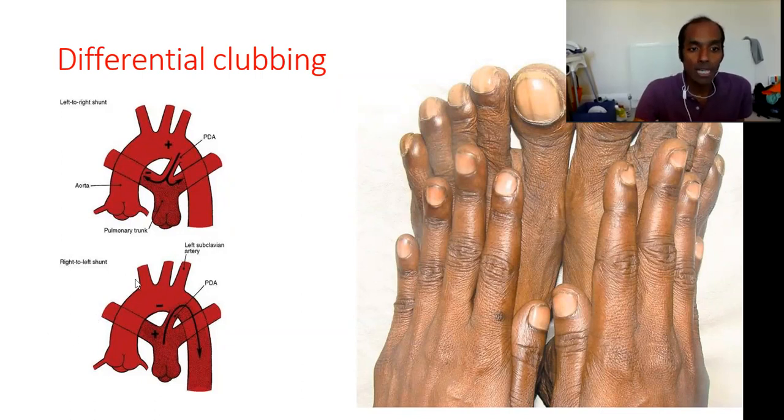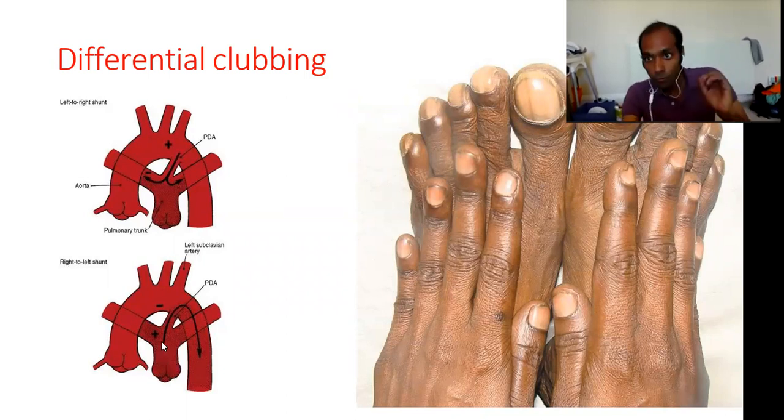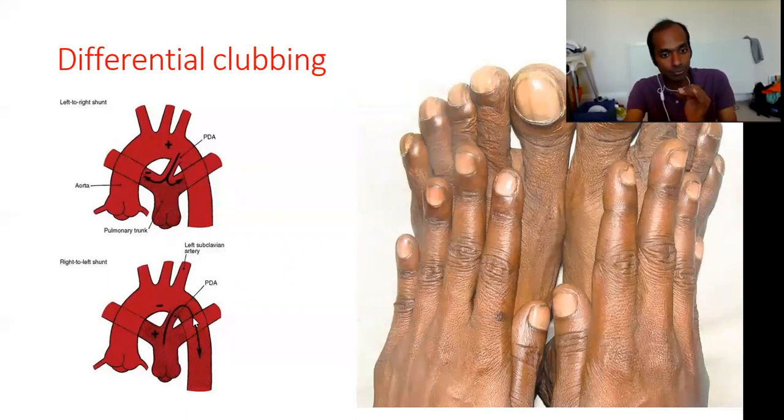Look at the picture on the bottom. Reversed PDA, there is a right to left shunt. If you follow the arrow here, you will see that good, oxygenated blood is going to the hands through the subclavian artery.